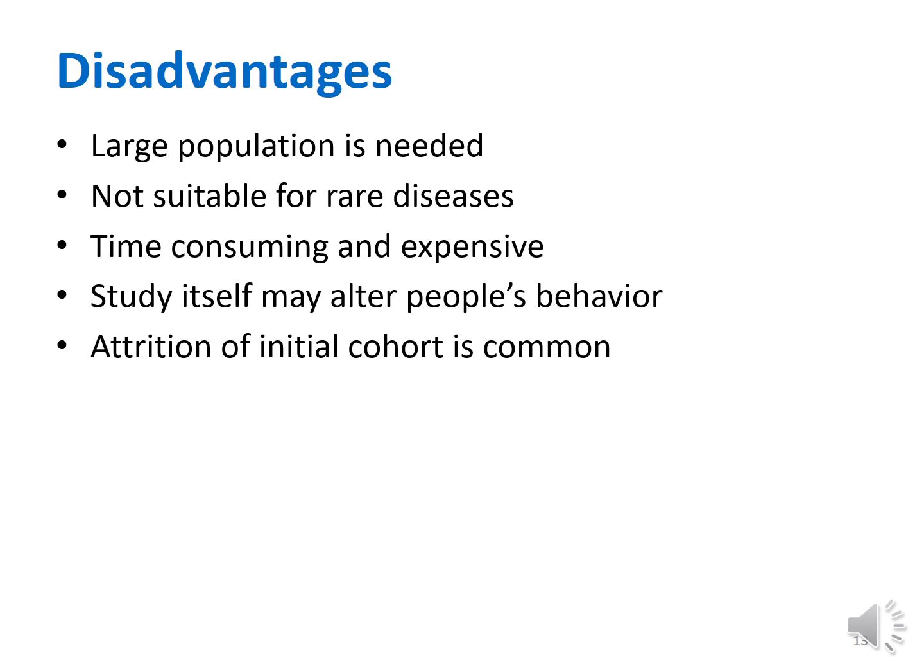Attrition of initial cohort is quite common as it is a lengthy process. It takes more time to complete cohort, so it may happen sometimes that initial cohort moved out from the study.